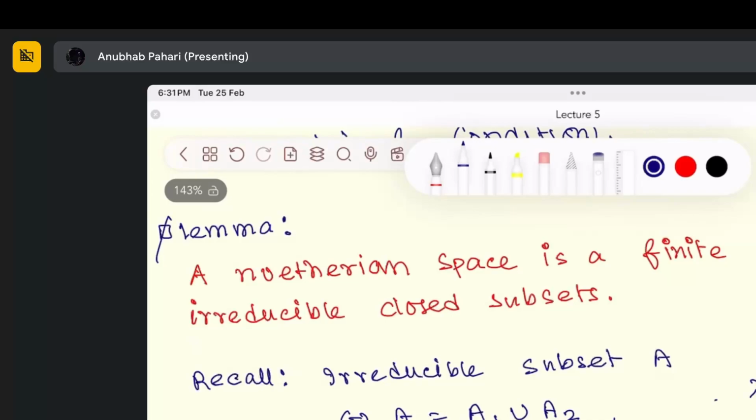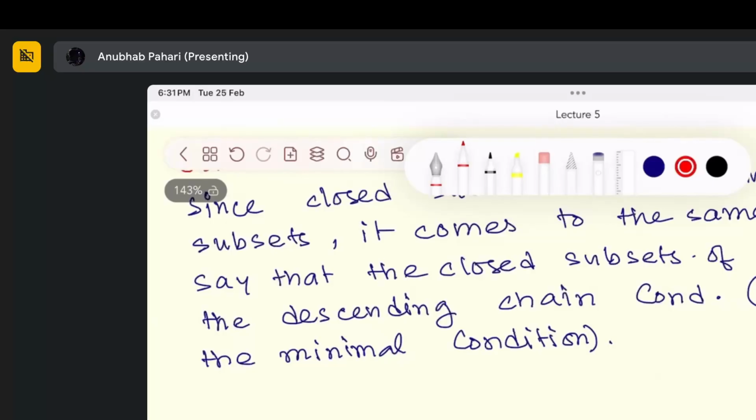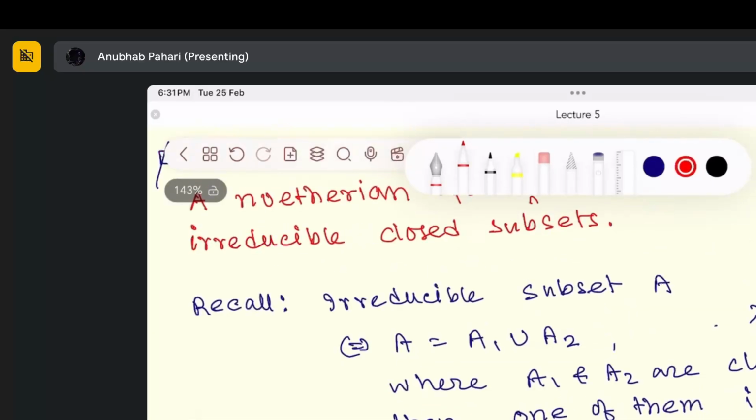There is a result in Atiyah, chapter 1, exercise 20: the maximal irreducible subspaces Yi are closed and cover the space X. Why?